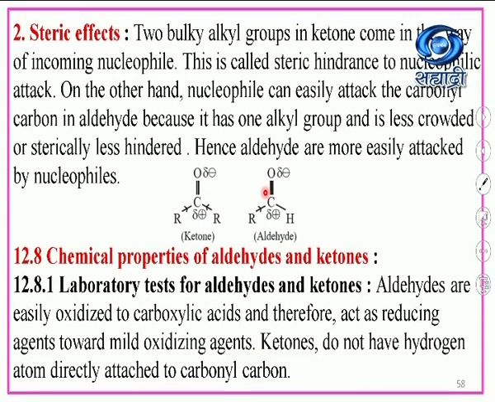Then the next property, that is the chemical properties of aldehydes and ketones. The laboratory test for aldehydes and ketones. Aldehydes are easily oxidized to carboxylic acids and therefore act as reducing agents toward mild oxidizing agents. Ketones do not have a hydrogen atom directly attached to the carbonyl carbon.